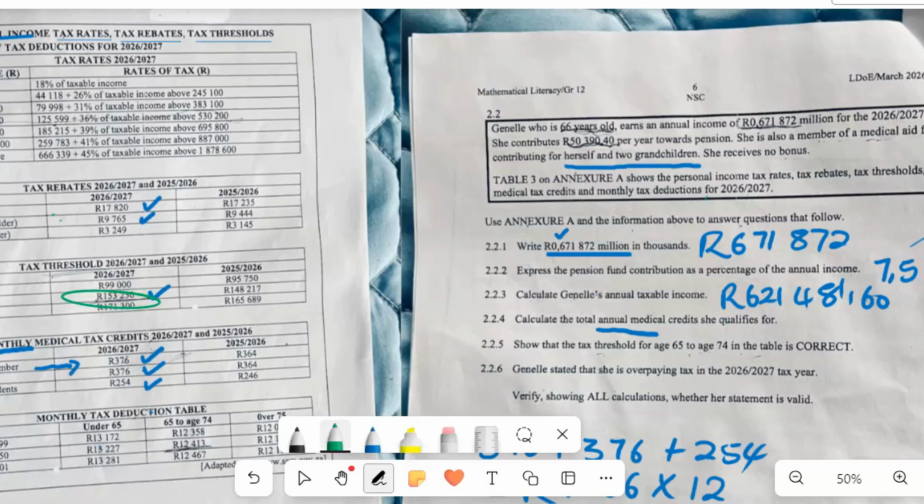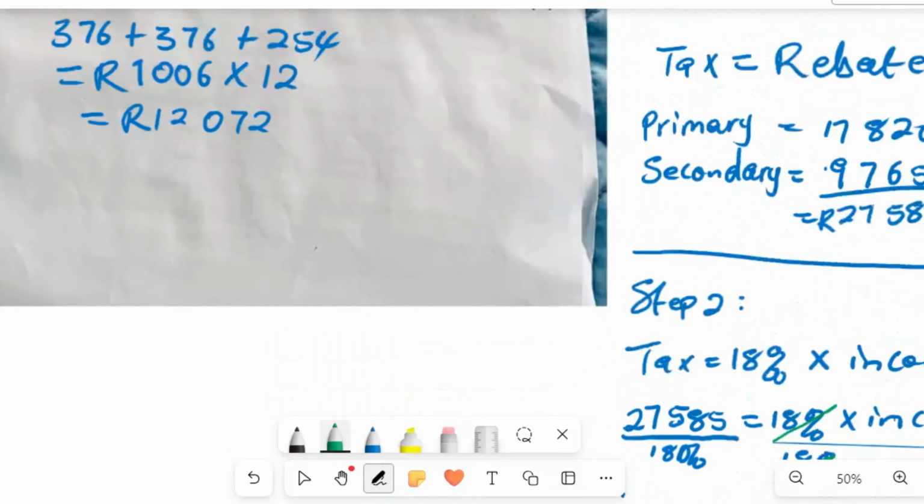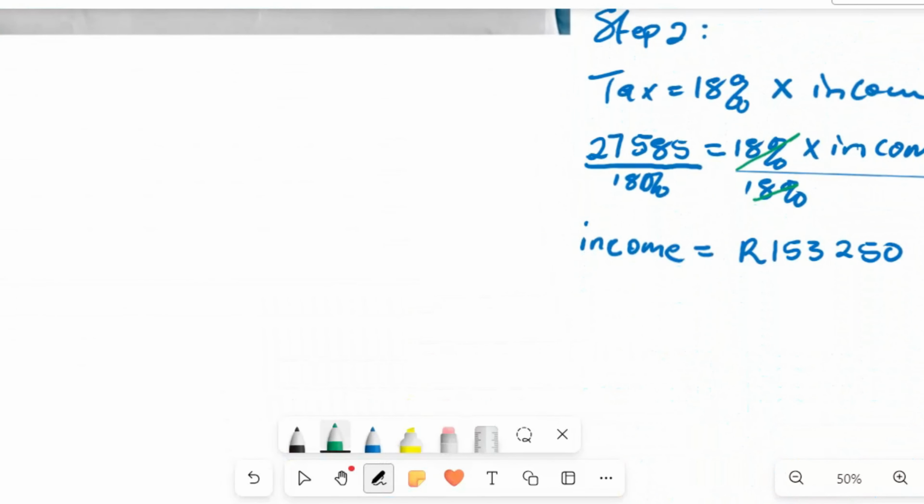Since the question wants us to check whether it's correct and we have found it to be matching, the conclusion is that the threshold is correct.